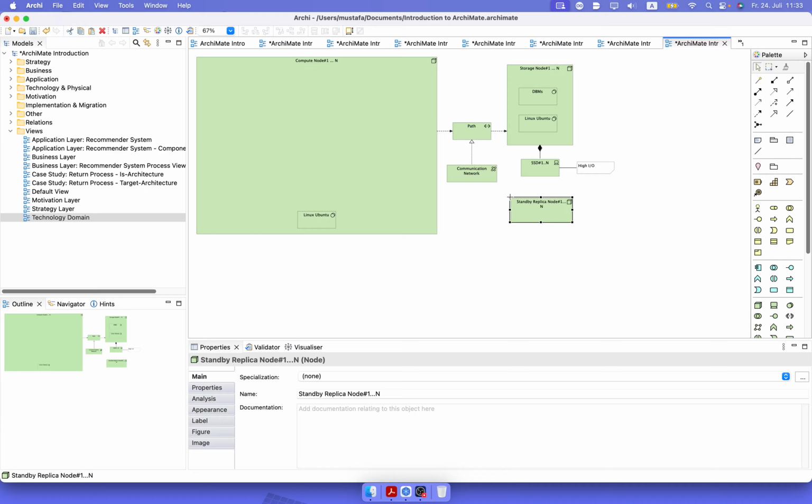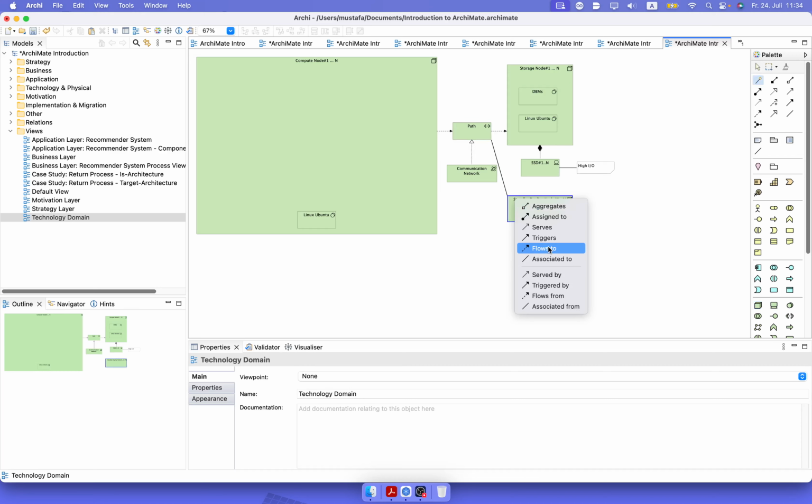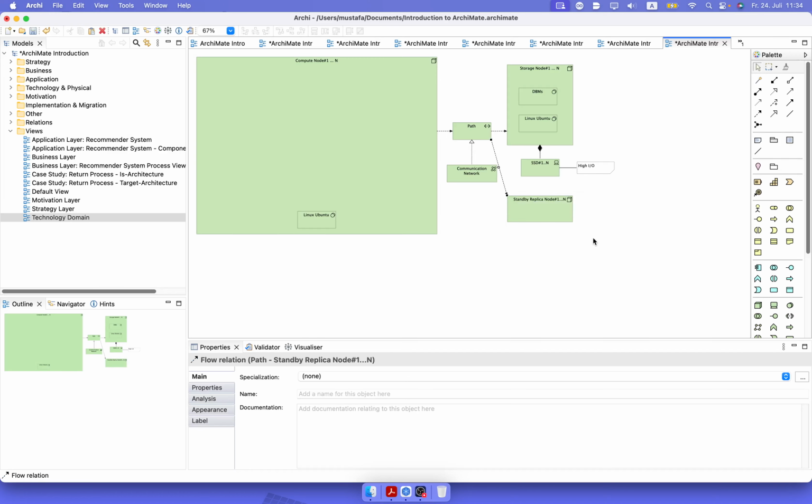Here's one of the interesting things. Are we going to have a standby replica for every node, or are we going to have one standby replica of our own? How fast can the replica kick in? These are all questions to be answered. And the network connection flows to the replica, but only when the primary nodes are down.